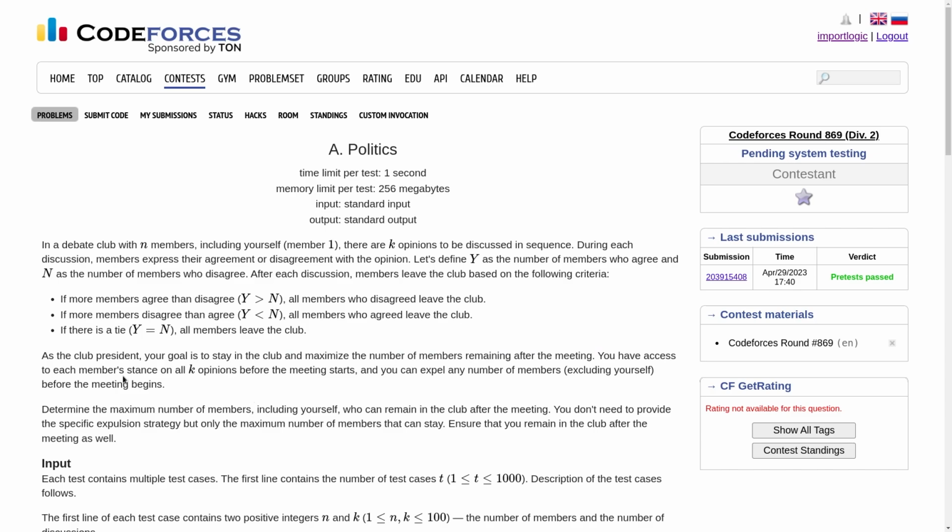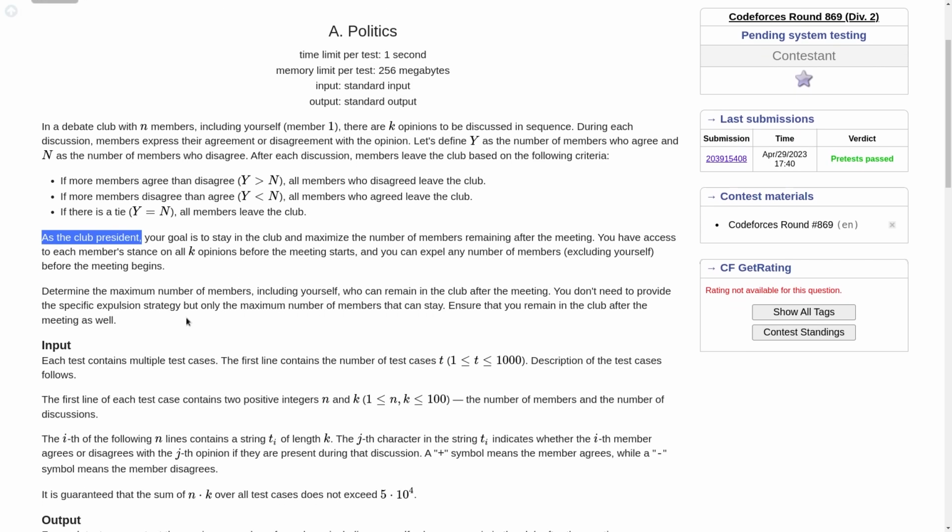Now there is one more very important thing: as a president, we have to be in the whole club till the end. You will find that this is the very important thing that will really help you solve this particular problem. This is the only line that will help you solve it, that you are the president, the first member in the given people.